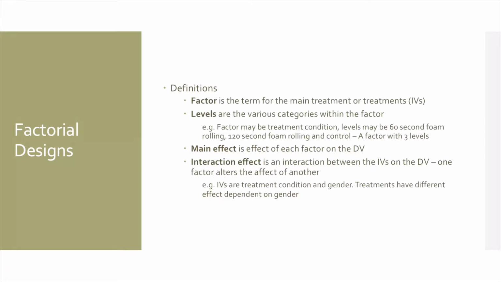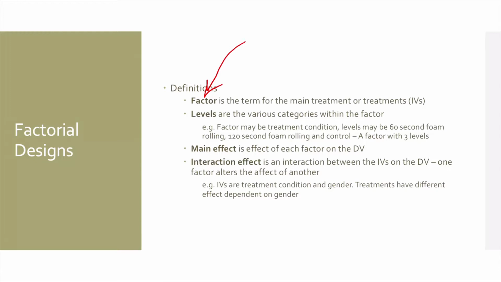Some definitions and terms that I want to discuss, and these are important, are the term factor. A factor is the term for the main treatment or main treatments if there's more than one. Factor can be interchanged typically with the term independent variable.